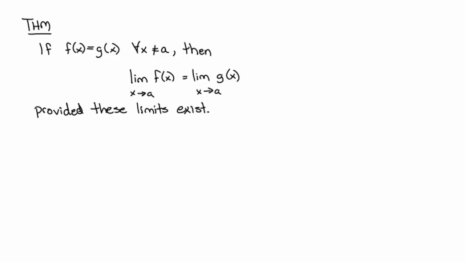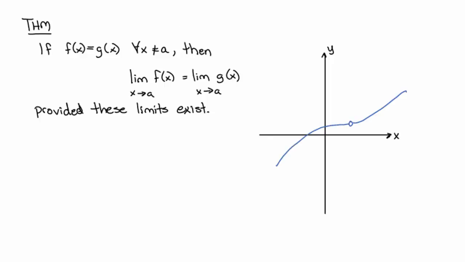Visually, what this is saying is the following. You have some function f, which I'll draw like this. Notice I put a little hole at A. It doesn't need to have a hole at A, but I'm just putting one in. And then you have a function g, which looks almost exactly like this function everywhere, for the same values of x.